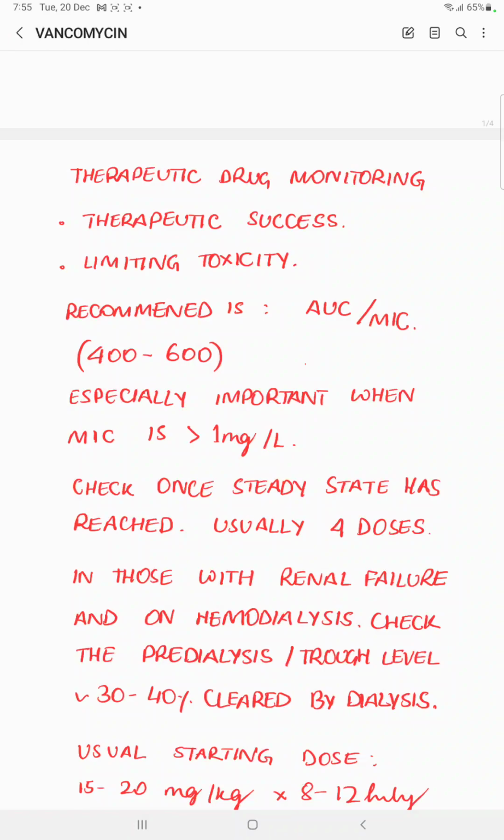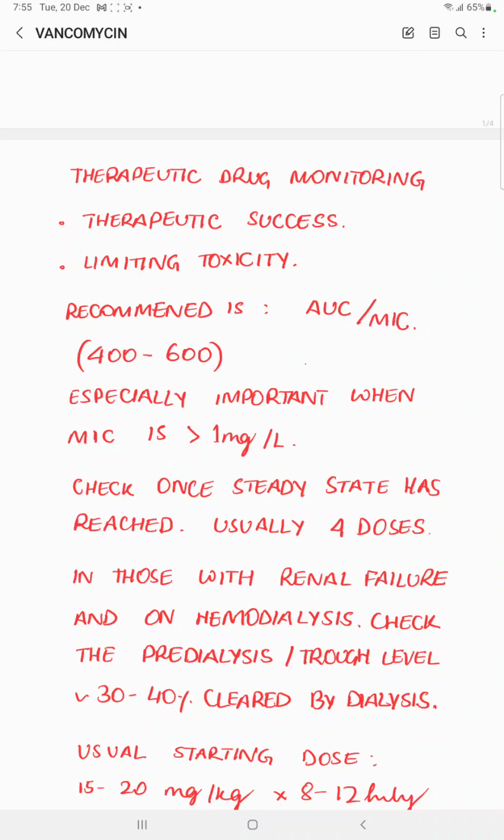This is especially important when the MIC is more than 1 milligram per liter. We always knew this, but we thought that if we could just check the trough level, that is the pre-dose level of vancomycin, we could extrapolate it to the AUC/MIC. But now this no longer holds true.